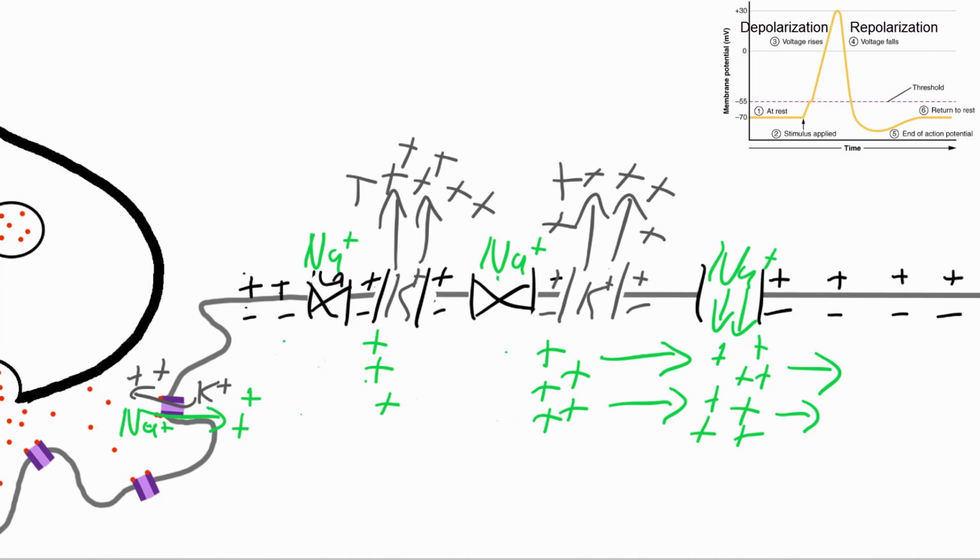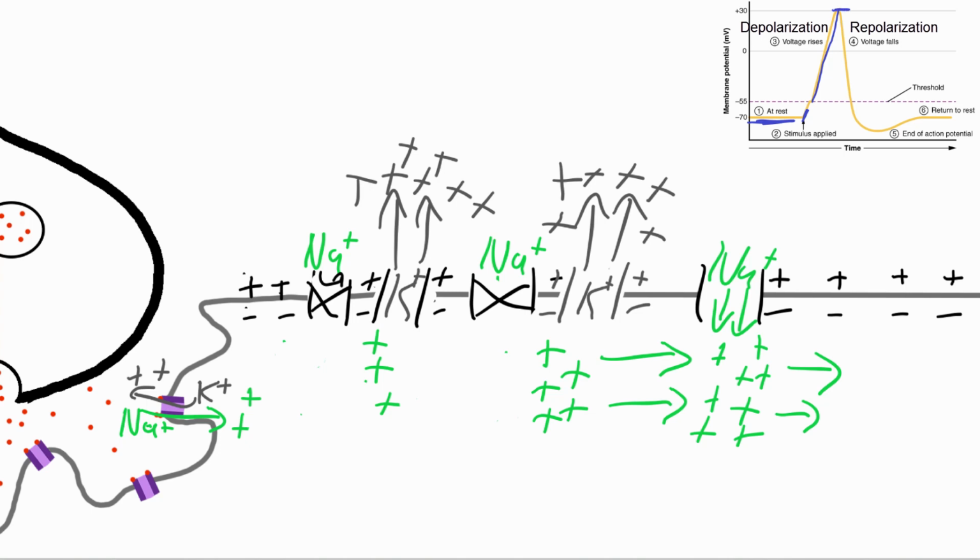So really, if we follow the whole process through, the initial at rest, right here, is when things are just maintaining. Nothing much is changing. The stimulus applied right there is when you have the chemically gated channels open and you have the graded potentials occurring. If threshold is met, we get the full depolarization going up.